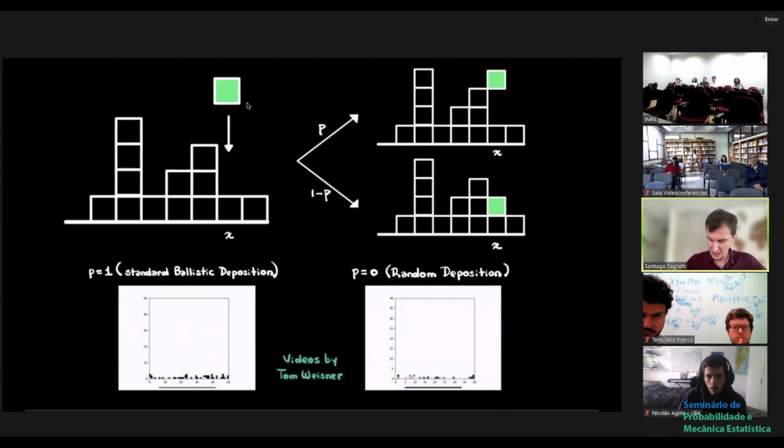Again, the simulations are not working, but never mind. So this is the situation. This is the current cluster of blocks, my current surface, and some new block is trying to fall down on top of x. It flips a coin, and with probability P, it chooses to stick to this corner right here, and with probability 1 minus P, it just goes straight down and sits on top of this block right here.